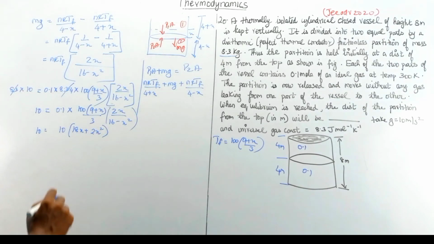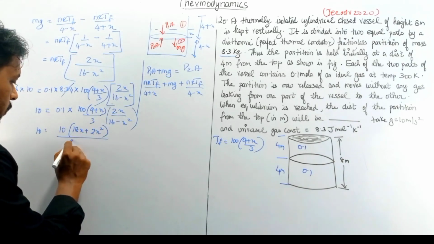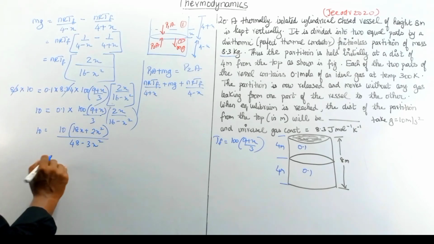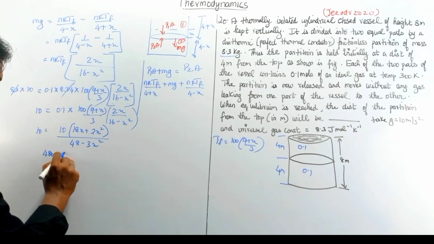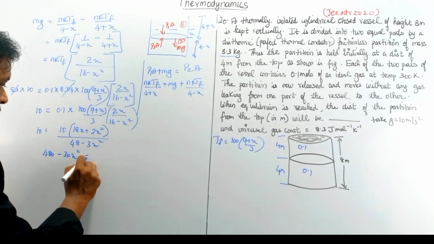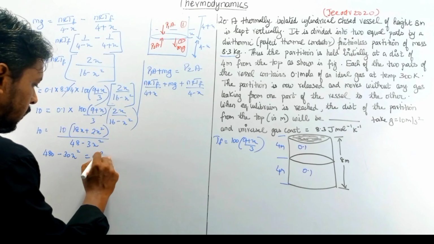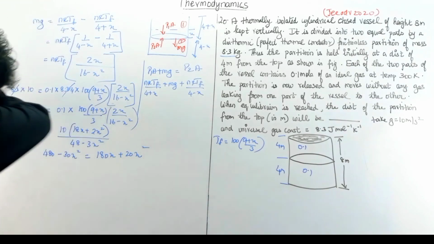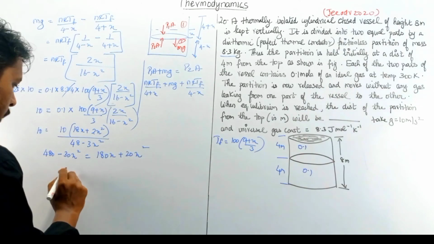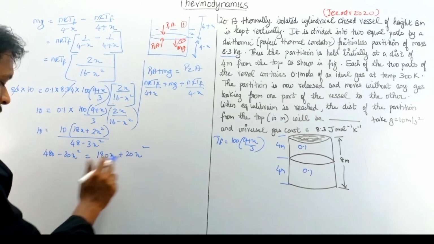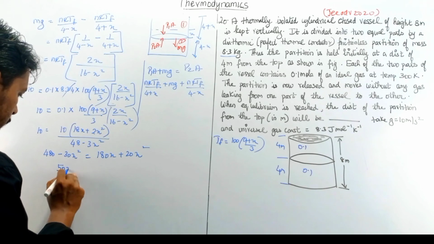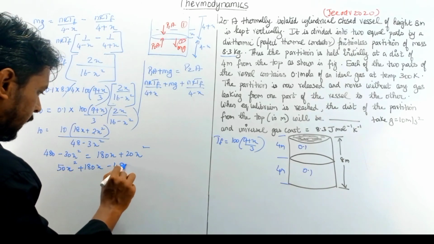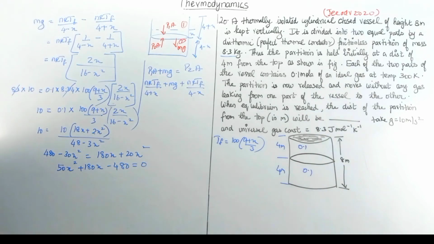When you multiply this, it will be 48 minus 3x square. Take this to this side: 480 minus 30x square will be equal to, multiplying by 10, 180x plus 20x square. Now when you rearrange it, the equation will be 50x square plus 180x minus 480 is equal to 0.